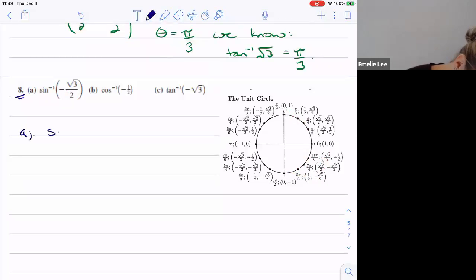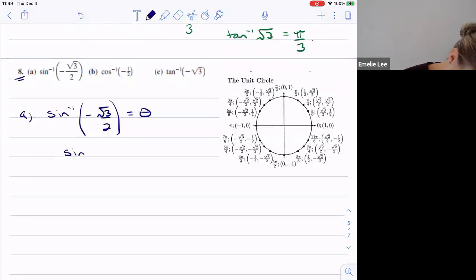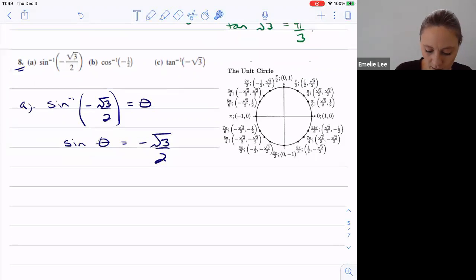So for A, we've got sine inverse of -√3/2 is equal to theta. Okay? So what I'm going to do is I'm going to write this as sine theta is -√3/2. In the restricted domain, right, the y value is -√3/2 over here as well at 4π/3, but that's not in the restricted domain, so I have to be on this side.